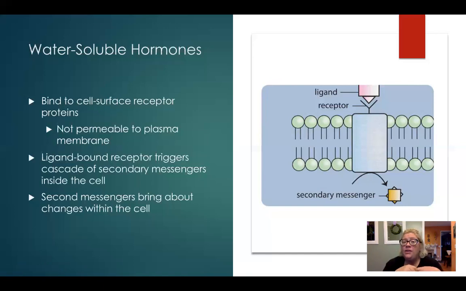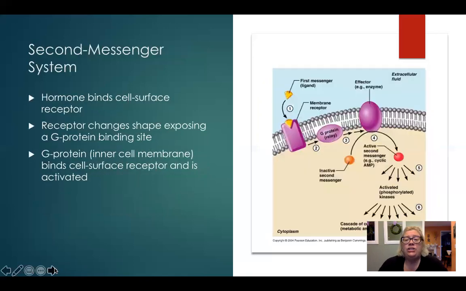So this is a way that the water-soluble hormones get away with not being able to move through the plasma membrane itself. It's not physically going to move through the plasma membrane, but at least its message is going to get through the plasma membrane. So let's talk a little bit more in depth on how that is going to happen.